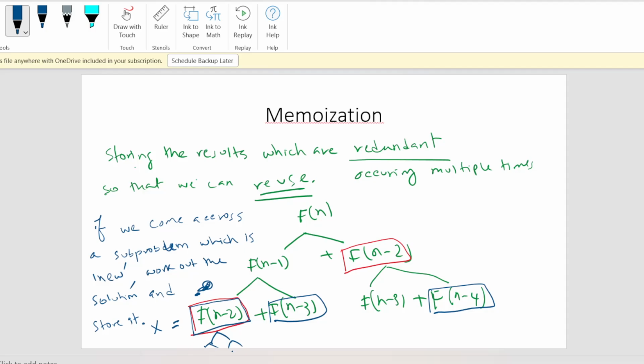So I work out the solution by recursively solving it, and after solving, I'm saving the answer inside the variable x.